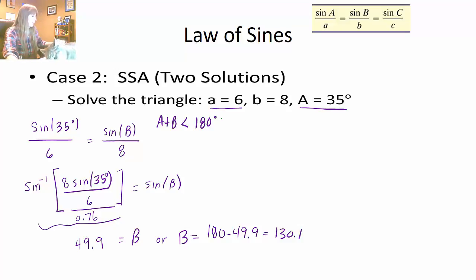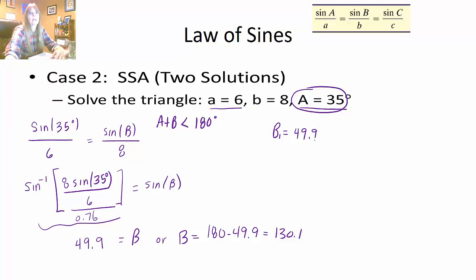I'm going to end up with these two triangles. So I have, once again, my A equals 35 degrees. I can look at, let's call this one B1 that we found, 49.9. And then we'll call this side over here B2, which was the 130.1.